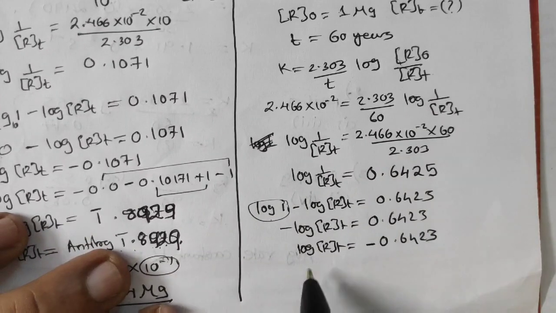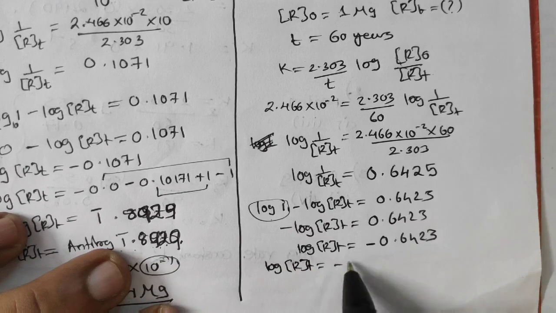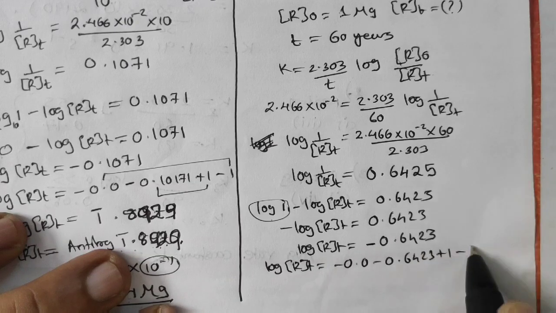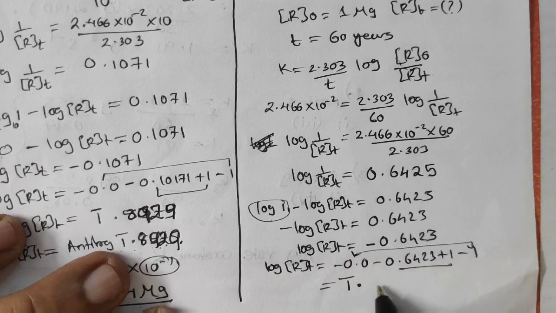Now how to change this negative part into positive, that we know the formula: minus 0.6425 plus 1 minus 1. So these two things you can compare, it will be 1 bar point, and these two you subtract, what we get will be 3575, right?